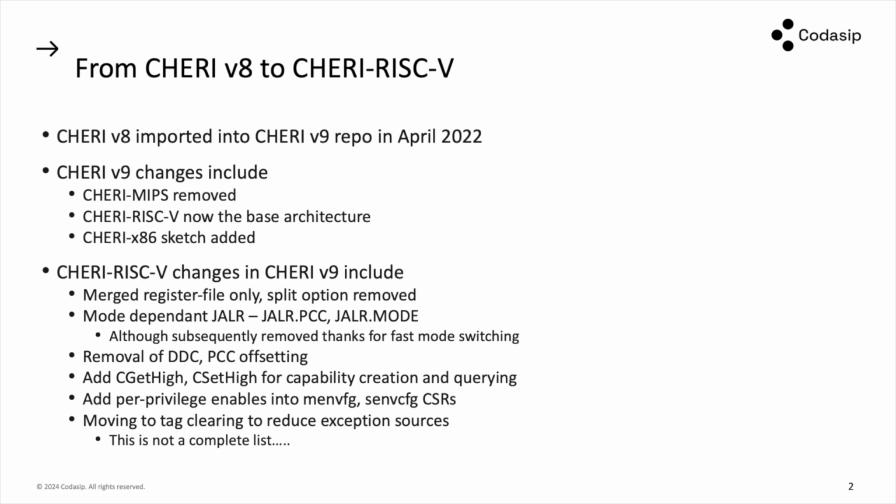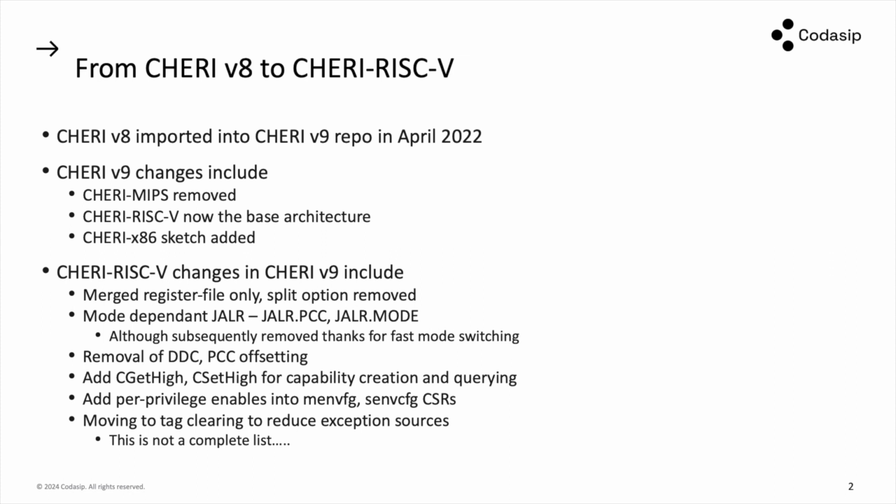So I've been involved since Cherry V8 and saw the transition into Cherry V9. So a few things changed. For example, Cherry RISC-V became the base architecture, moving on from Cherry MIPS, and future ideas such as Cherry x86 were added. And Cherry RISC-V actually changed a fair amount in Cherry V9 as well. So it was the merged register file only. There's no more split option. JLR.mode.